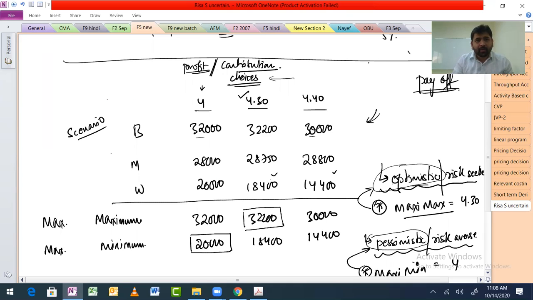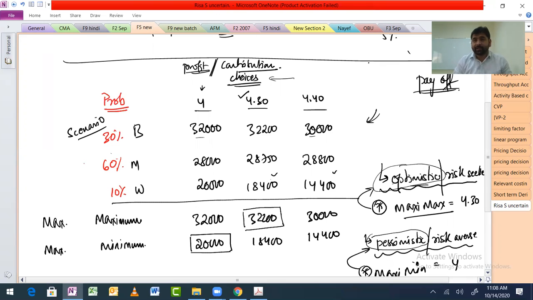He'll find the probability of the best, moderate, and worst. So let's say the market will remain normal, that is 60% chance. Then 30% it will be best, and 10% it will be worst.